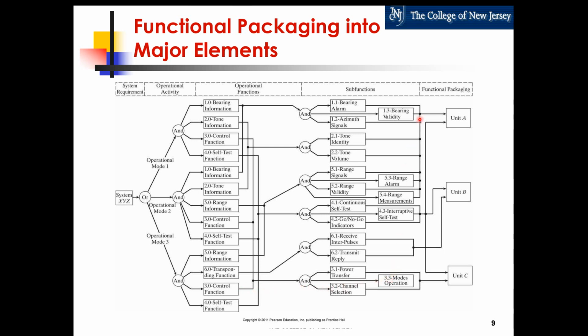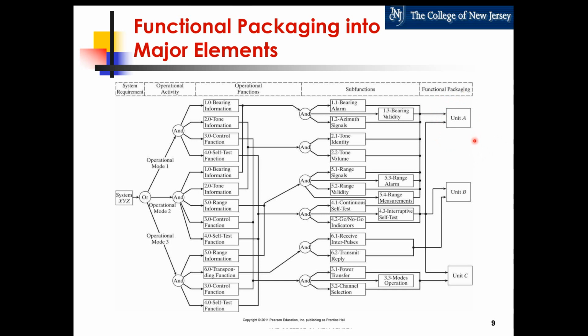So here we can say we're going to put the bearing and tone and the range, we're going to package it in this unit A. So we can make that, again, in the context of the system.